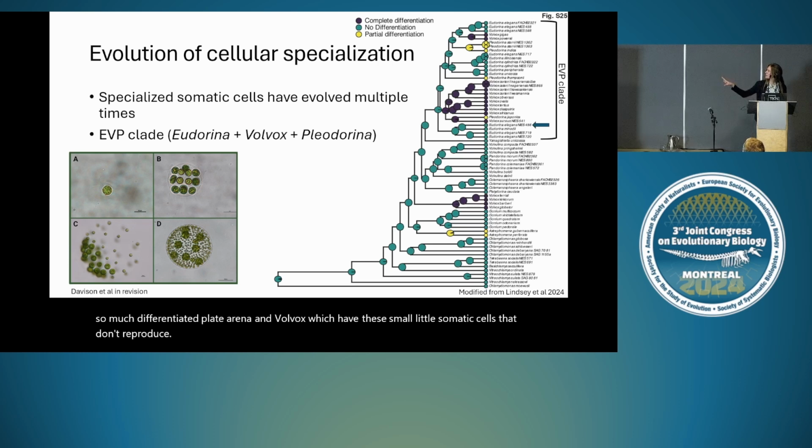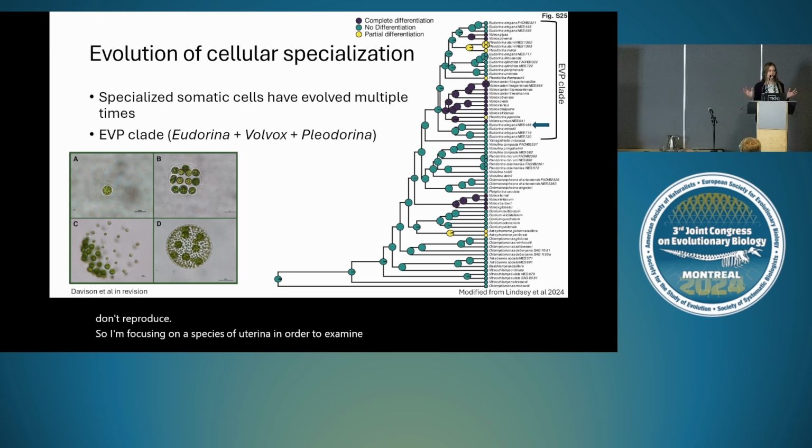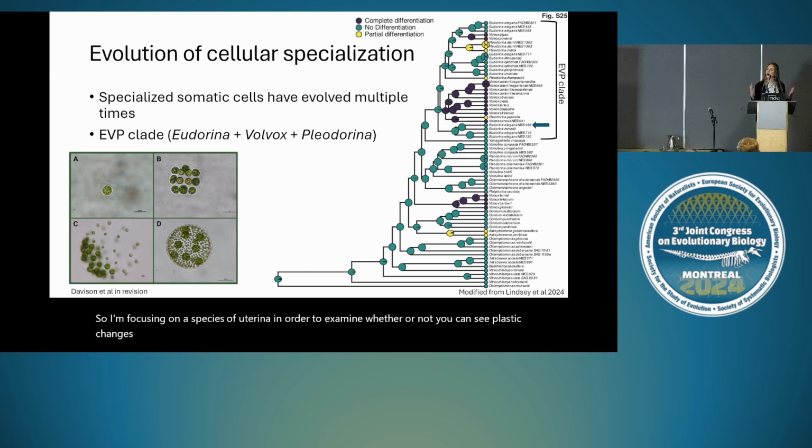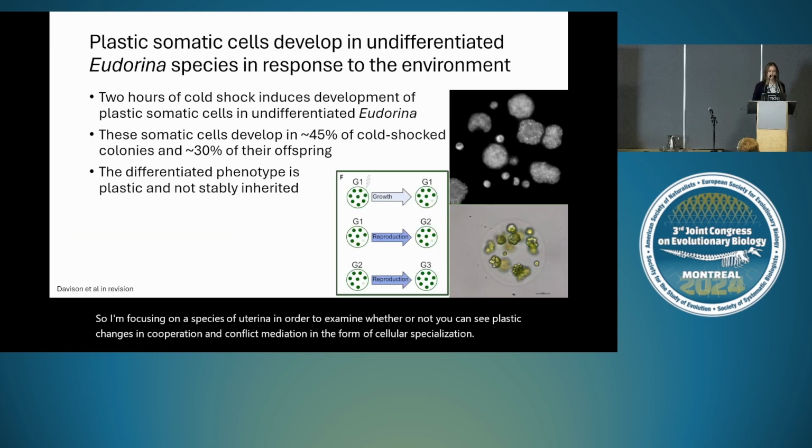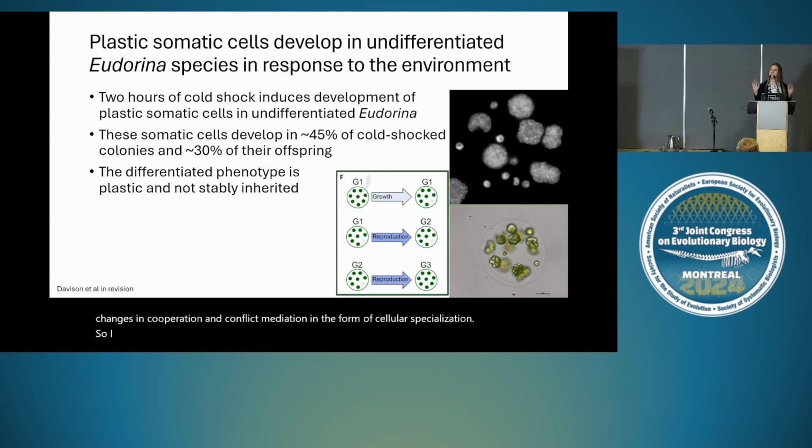So I'm focusing on a species of Uterina in order to examine whether or not you can see plastic changes in cooperation and conflict mediation in the form of cellular specialization. So I took Uterina elegans and I subjected it to 2 hours of cold shock. And I found that these cold shock colonies will develop somatic cells.